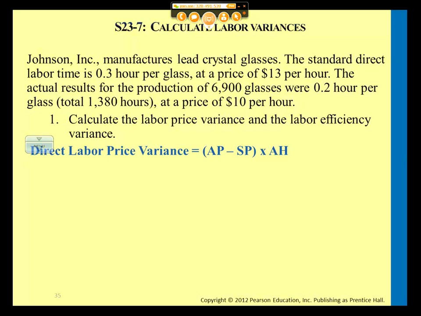Yeah, don't forget that it's 6,900 multiplied by what? By 0.2 or 0.3? Are we calculating the actual or are we calculating the standard?